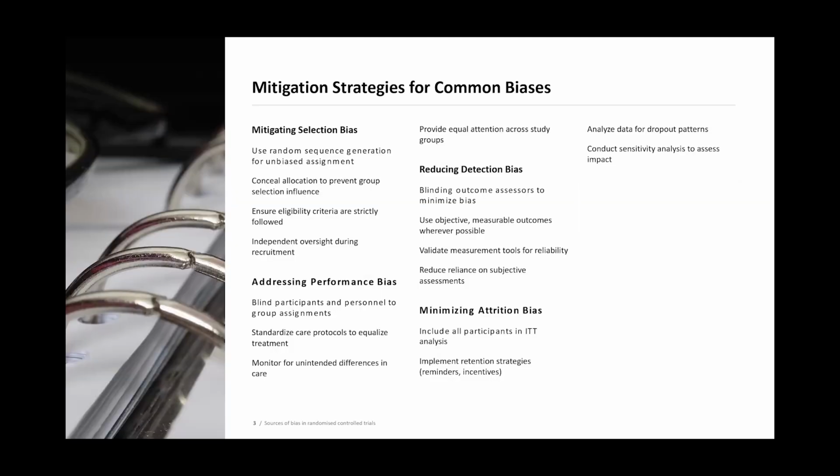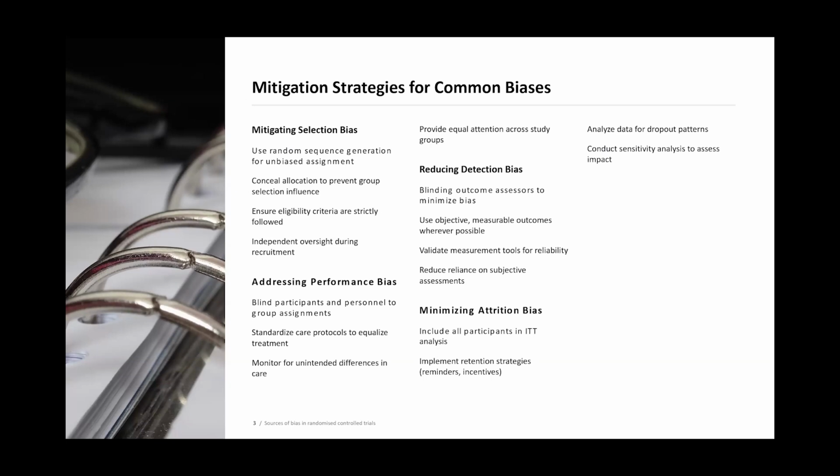And here we have the summary of mitigation strategies for common bias. As we said before, we use random sequence generation to address selection bias. We use random sequence generation to ensure that assignments are truly random, and allocation concealment to prevent any influence over the process.